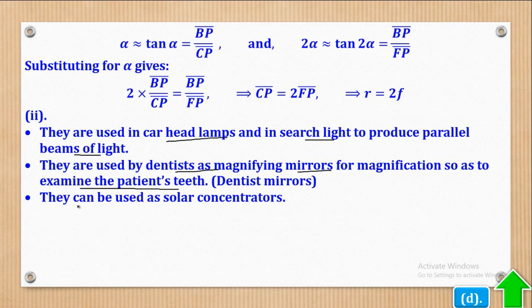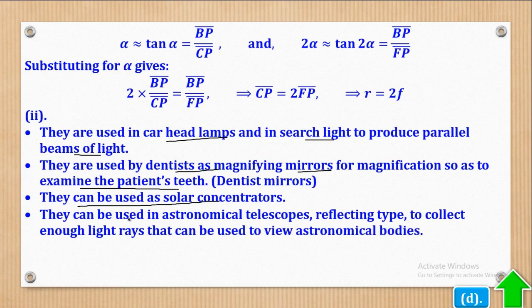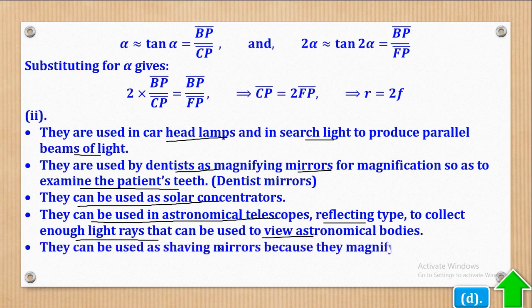Then 3, we shall say that they can be used as solar concentrators. Then 4, we shall say that they can be used in astronomical telescopes, refracting type of astronomical telescopes, to collect enough light rays that can be used to view astronomical bodies.